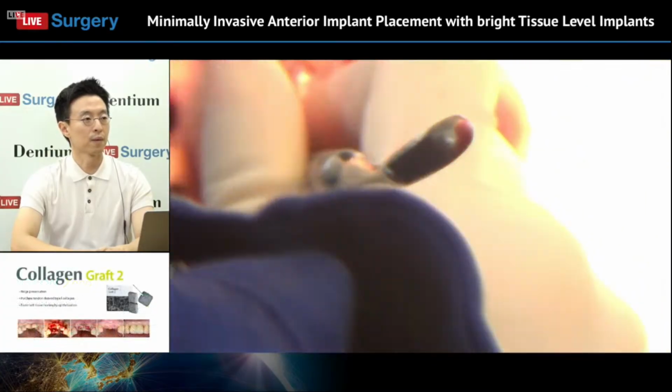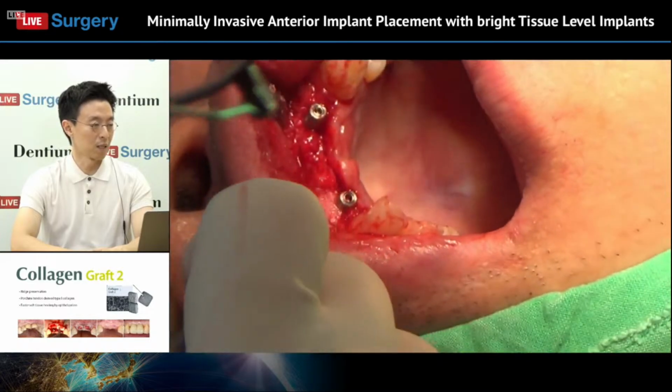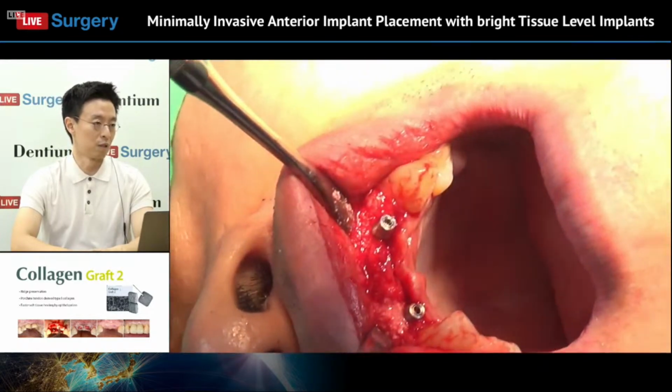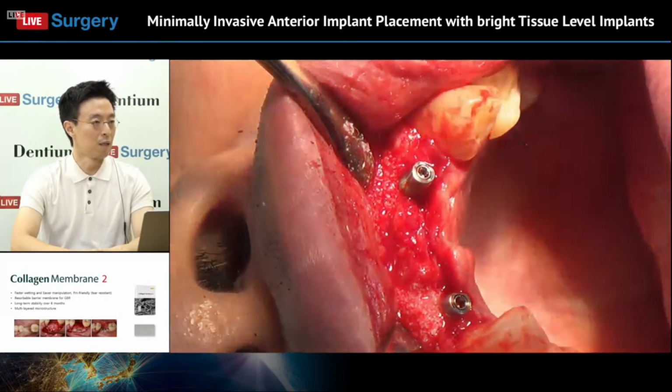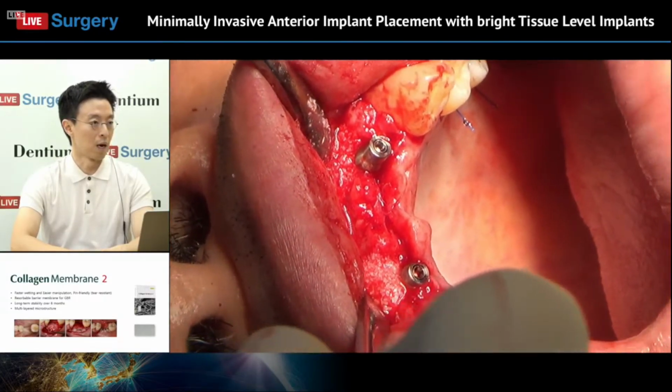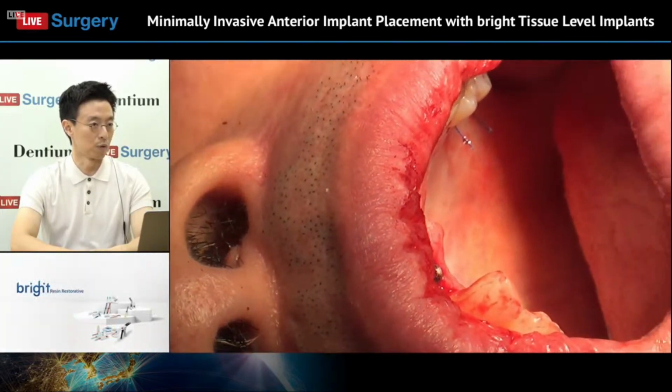But when the bony defect design is not ideal or the gingiva thickness is not good, in those cases, I prefer to use the collagen membrane to cover the grafted bone.